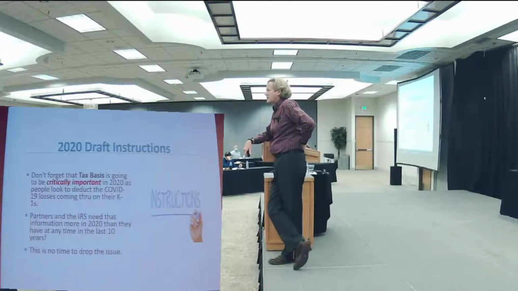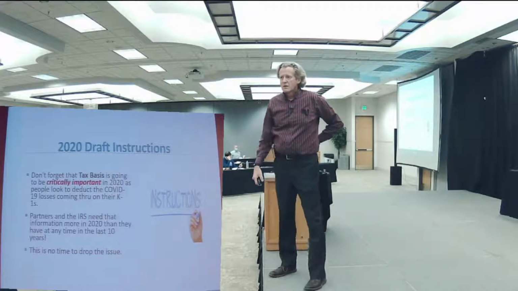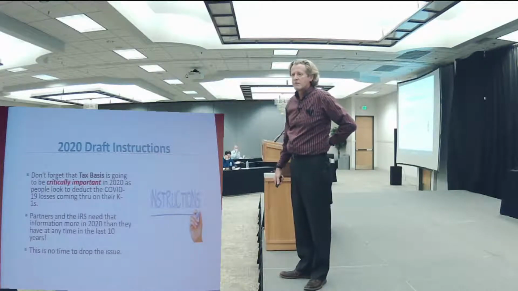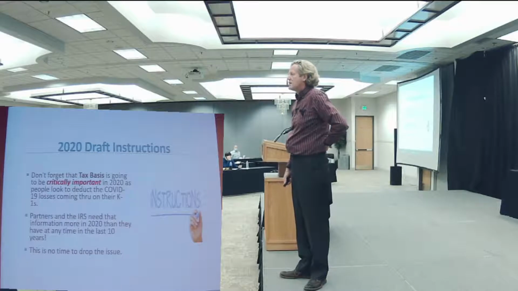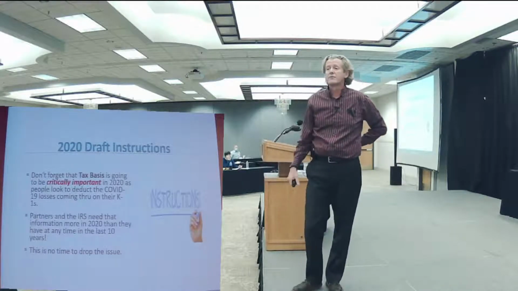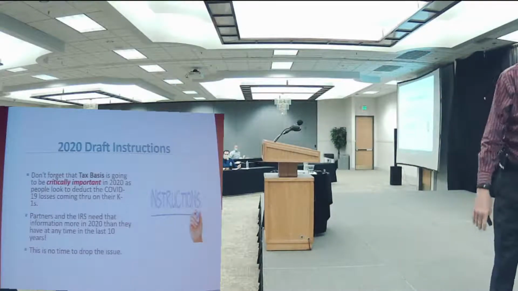Now with the pandemic, now with the kind of tax losses we're afraid we're going to be seeing and processing this year, your clients, the partners, and the IRS need reasonably accurate and complete basis in order to determine the deductibility of their losses. They need that information now more than any of us have needed it any time in the last 10 years.